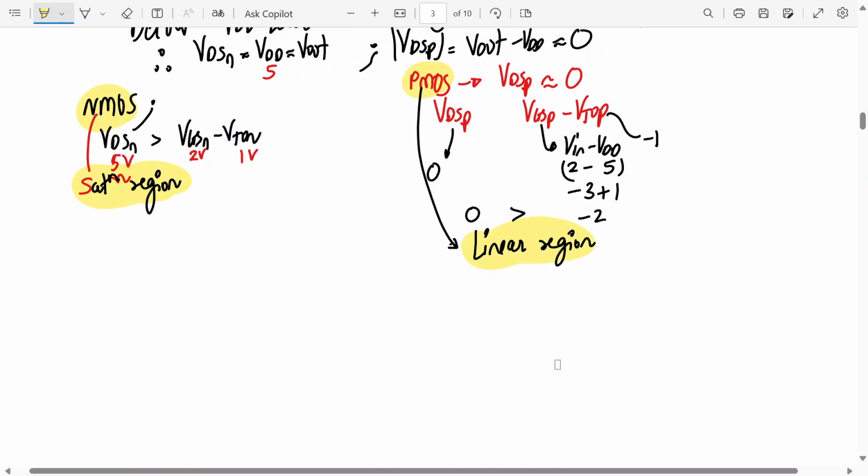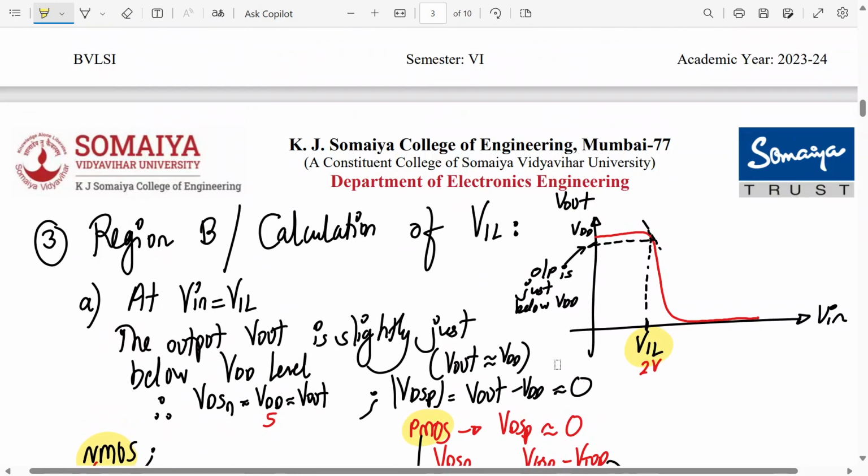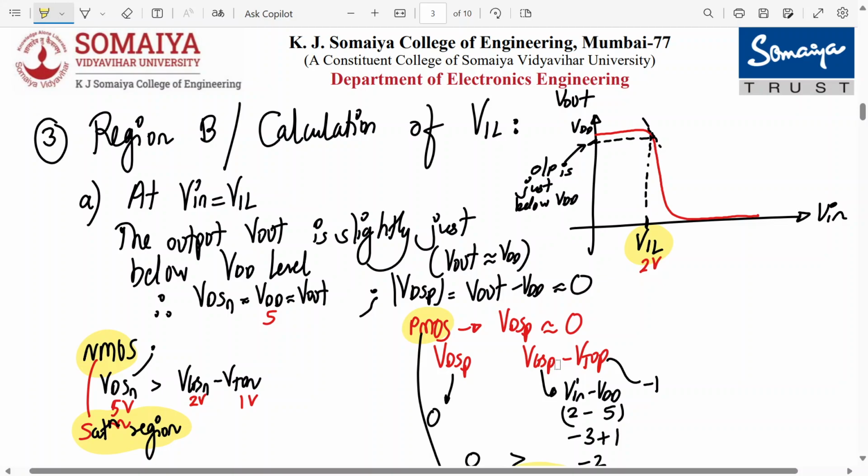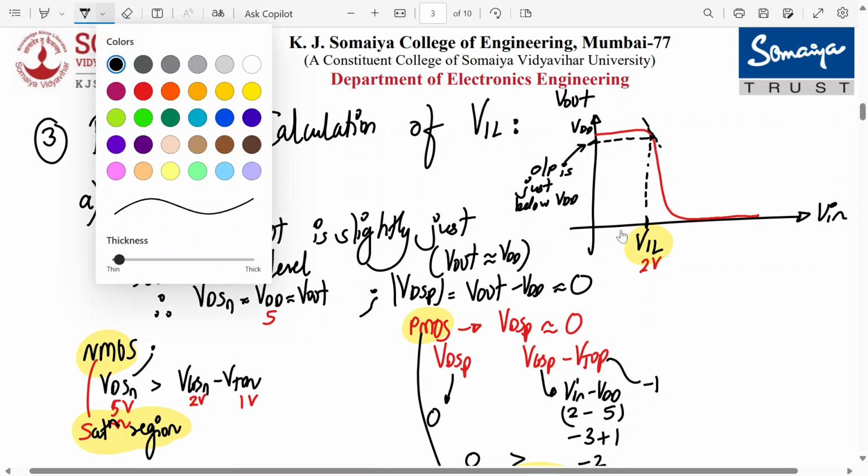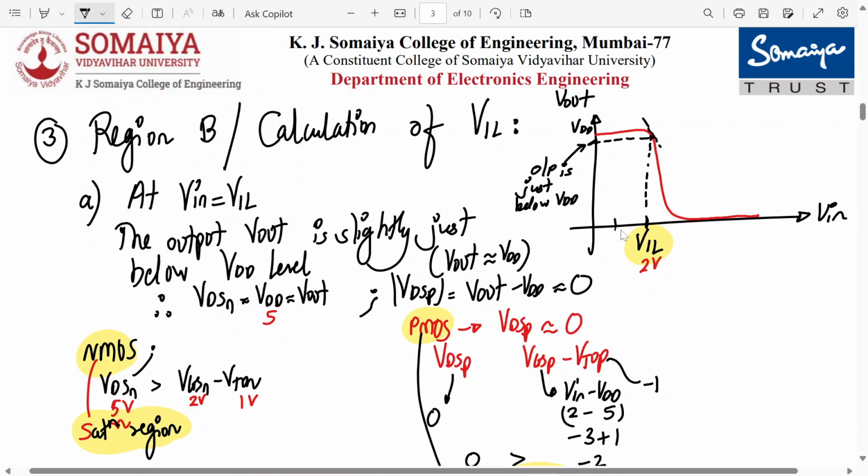Yes. So now listen to the wording. As my input voltage is increased beyond VTON in region number B, let's say this is my point VTON here, NMOS starts conducting in saturation mode and the output begins to fall. Here it is, the output is slightly falling down.